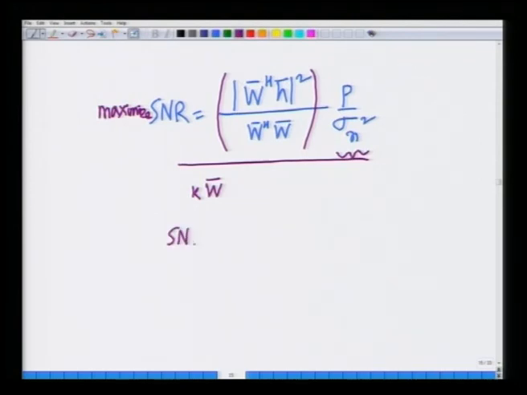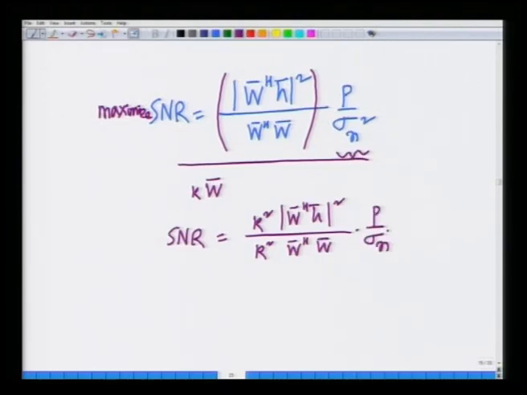What is happening? Someone gives me this optimal W bar, I scale it by k, then the SNR is nothing but magnitude W bar Hermitian H bar square, which is k square times magnitude W bar Hermitian H bar square, divided by k W bar Hermitian k W bar, which is also k square W bar Hermitian W bar, into P over sigma n square.